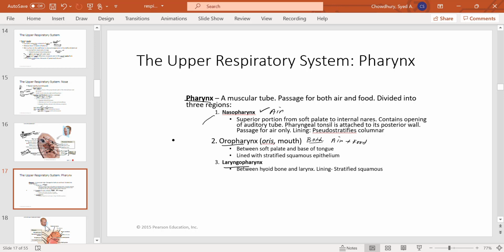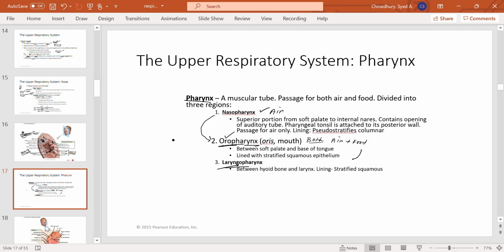So from the nasopharynx, air enters into the oropharynx, and from the oral cavity or mouth, food enters into the oropharynx. It is the middle portion of your pharynx, and the last portion is the laryngopharynx, which is also for both air and food.